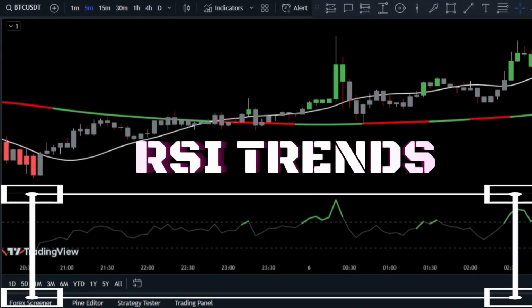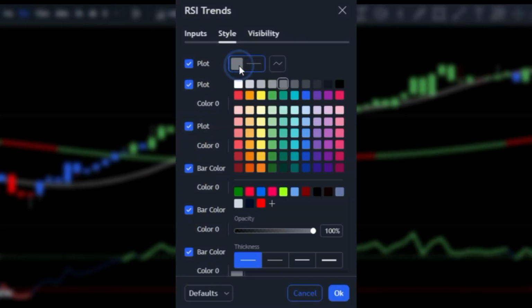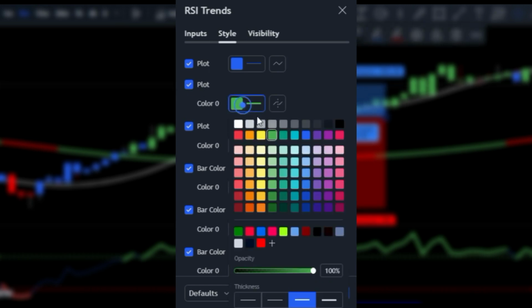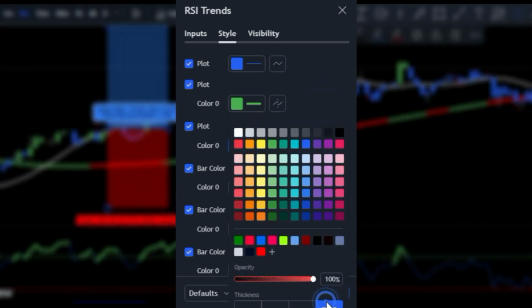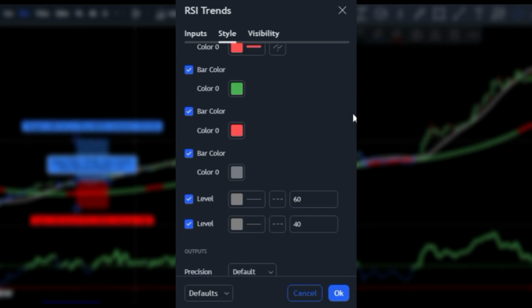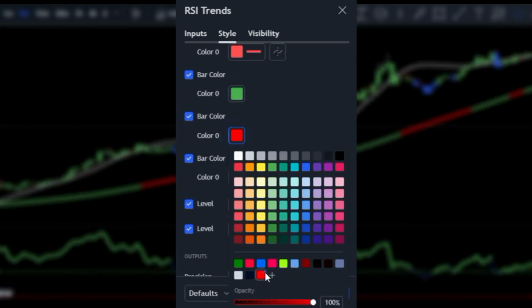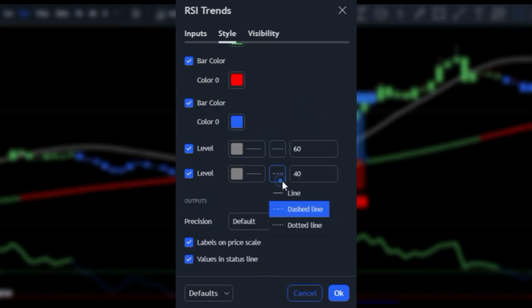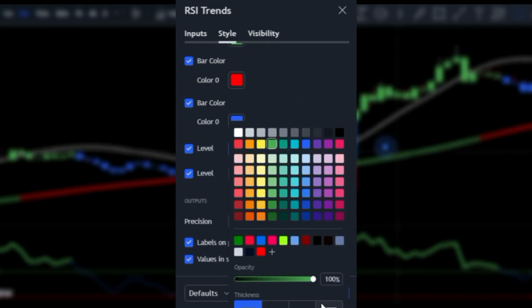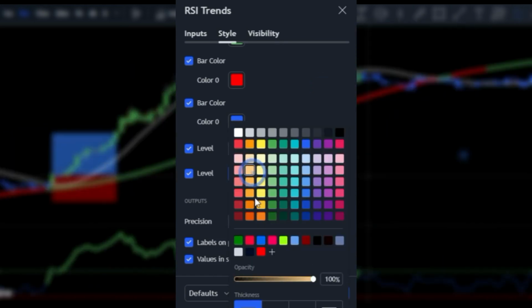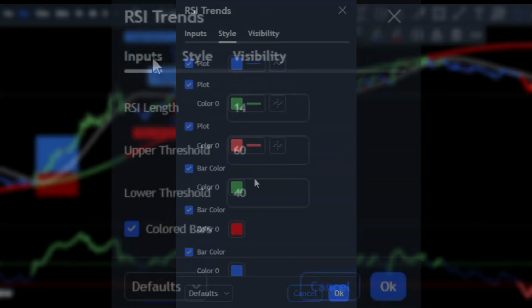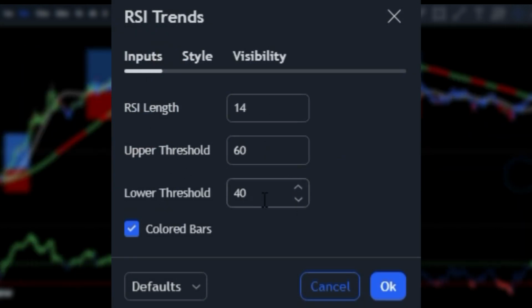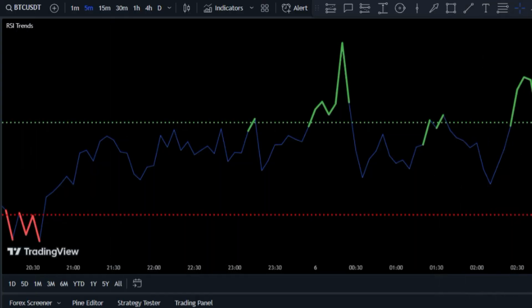Now let's change a few parameters in the Style tab in the settings of this indicator. Now let's delve into the workings of the RSI trends indicator.